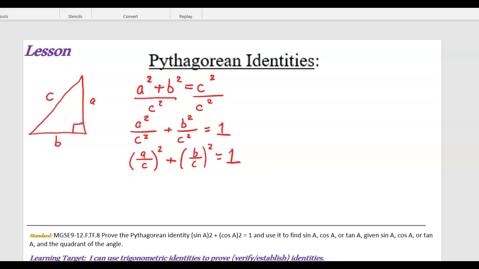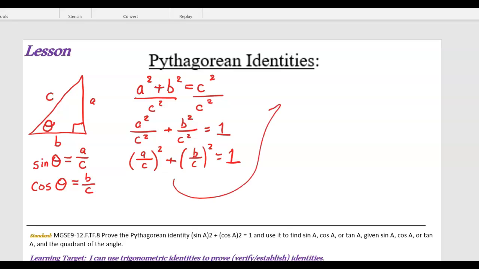Now here's where the Pythagorean identities come into play. If I take just this base angle here, theta, I know, it's going way back, I know what sine of theta is. Sine of theta is opposite over hypotenuse, a over c. You can kind of see where I'm going with this. Cosine of theta is adjacent over hypotenuse, b over c.